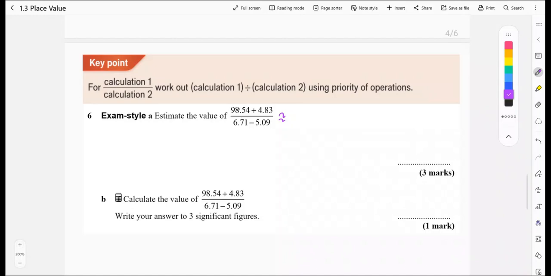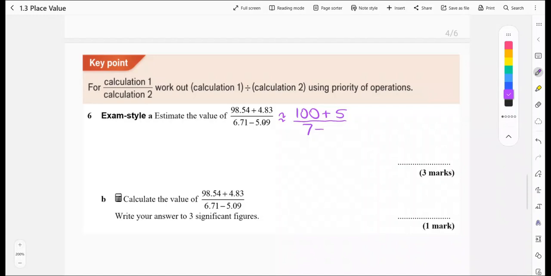We round each number, in this case, to one significant figure. 98.54, well, the 8 will round the 9 actually up to a 10, so it becomes 100. And that is then plus, around this number, that becomes 5. And that's all divided by, again, we look at the 7, that's going to round the 6 to a 7.